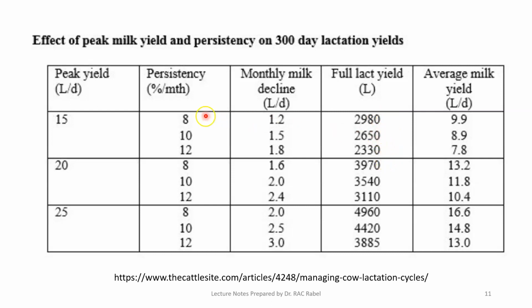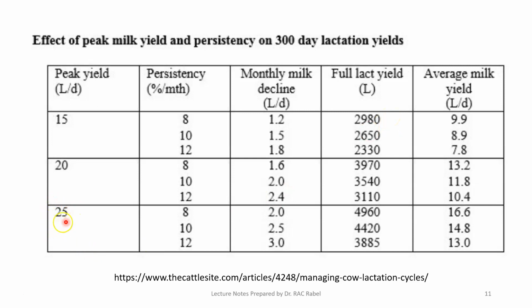If it was only an 8% decline, the animal will go on to give around 3000 liters. But if it was a 12% decline every month, the animal will go on to give only 2,300. So 650 liter difference times 100 rupees, 65,000 rupees. So that's a huge quantity.